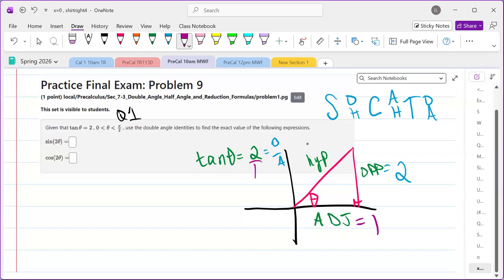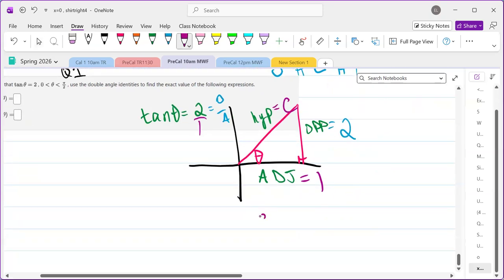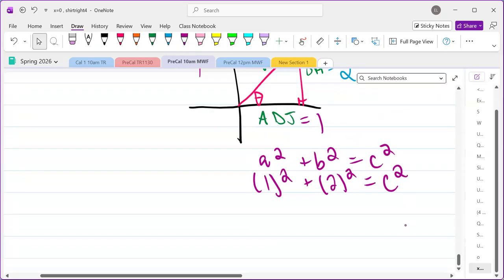And we got to figure out the hypotenuse. So I'm going to call that C. Because our good old Pythagorean theorem, a squared plus b squared equals c squared. So this is 1 plus 4.